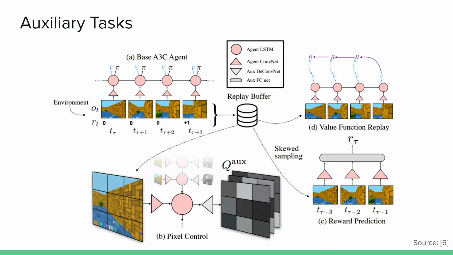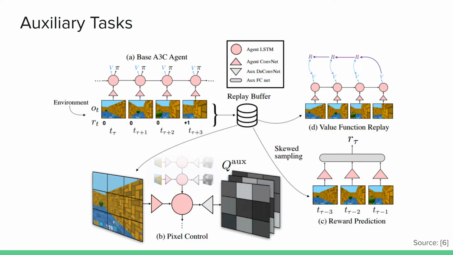You are going somewhere where you haven't been before. If you're standing still, intensity of pixels will not change. So that additional task here will incentivize the agent to move around and explore places where the background changes, where the image changes, where it sees something that it hasn't seen before.